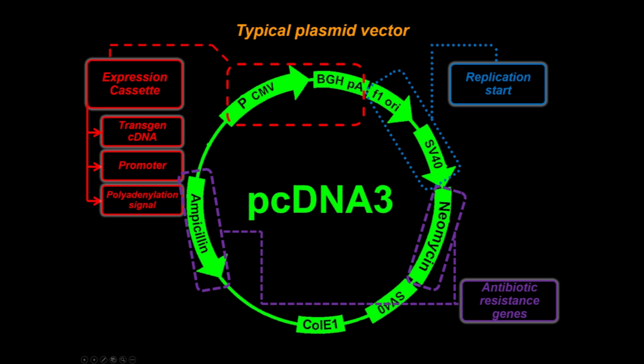Antibiotic resistance genes allow the selection of bacterial cells containing the vector, and the ColE1 gene regulates the replication cycle of E. coli bacteria, as this type of bacteria is most often used to multiply vectors.